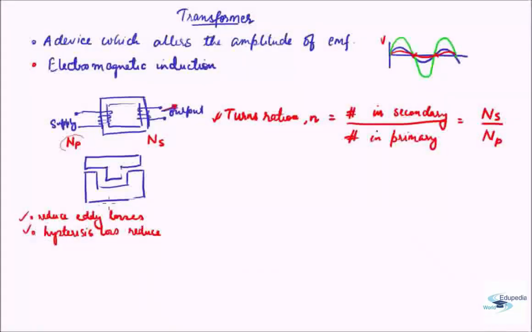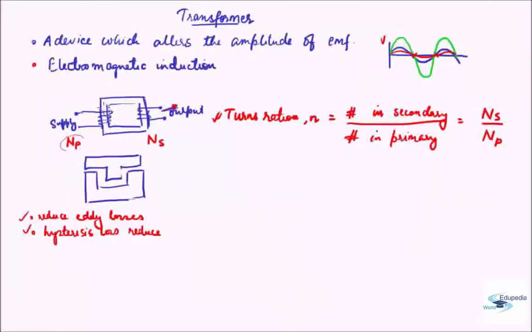Okay, now that we have seen the construction, let us see how exactly the transformer comes into play. As we discussed here, the supply side has an AC current supply, isn't it? Now, what is AC current? It is alternating current having continuously varying voltage. As a result of that, there is a continuously varying magnetic field.